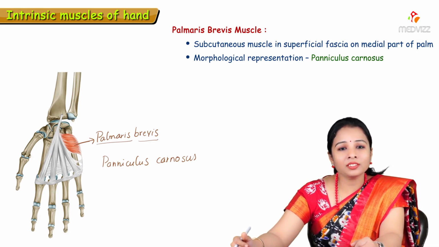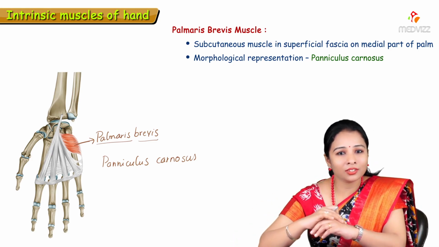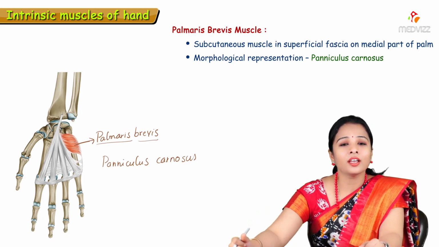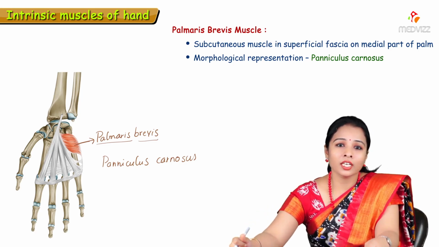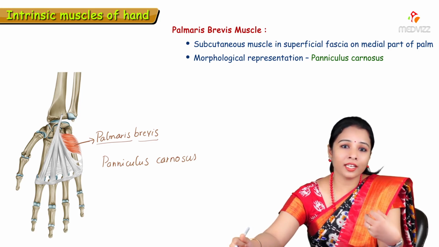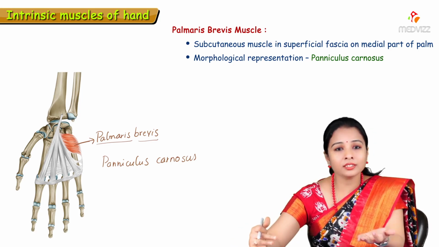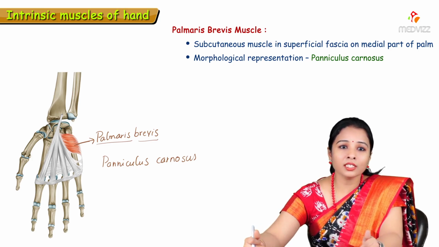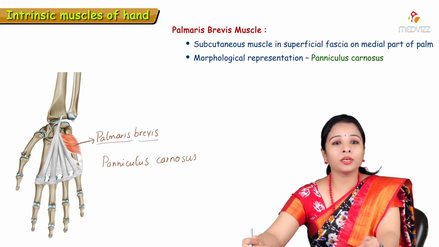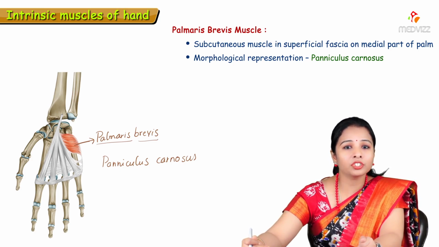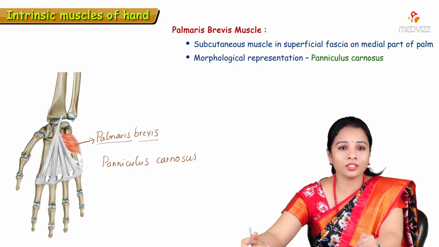But in humans, we usually don't have any Panniculus carnosus in the limbs. It is confined to the face and neck as facial muscles. But here in the palm, a Panniculus carnosus is present as palmaris brevis. So palmaris brevis morphologically represents Panniculus carnosus.